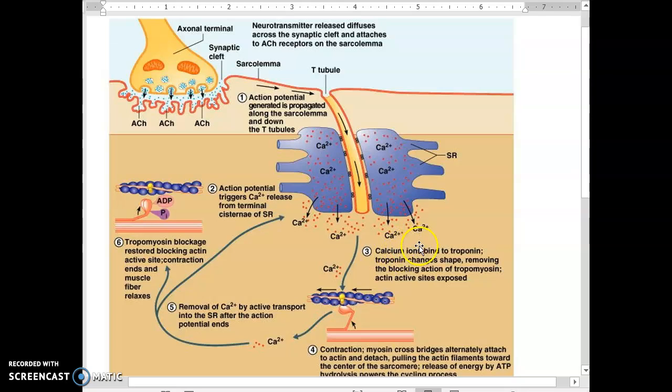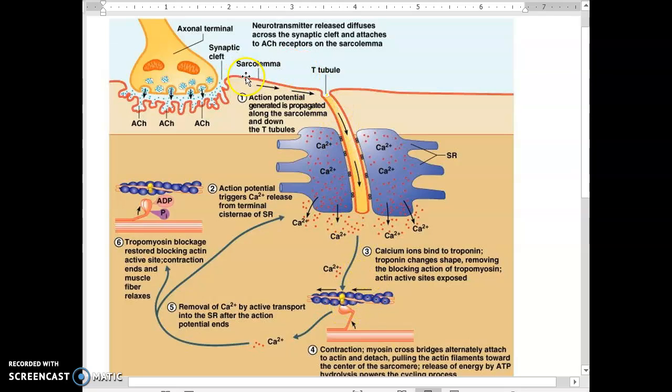Anyway, the calcium will bind to troponin. That's a kind of a protein molecule on the outside. And troponin changes the shape of tropomyosin so that this part of the myosin, this cross bridge, can attach.